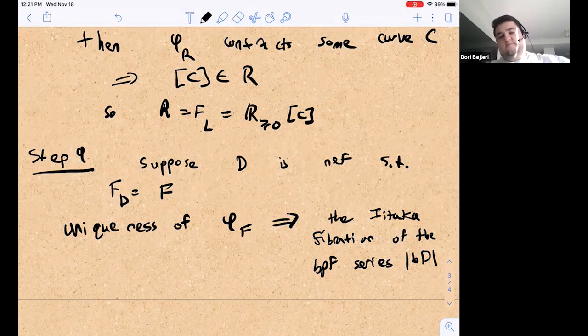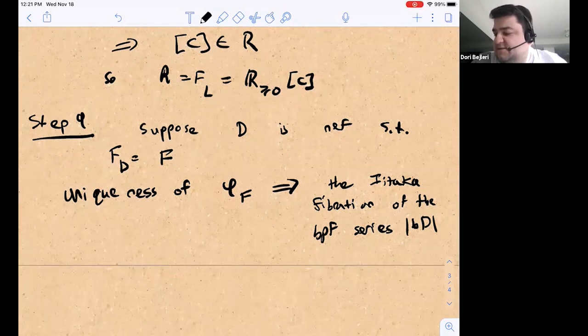So any D that's supported on this face gives you the same extremal contraction phi_F, because the extremal contraction is unique. But that tells you that this D has to be pulled back.